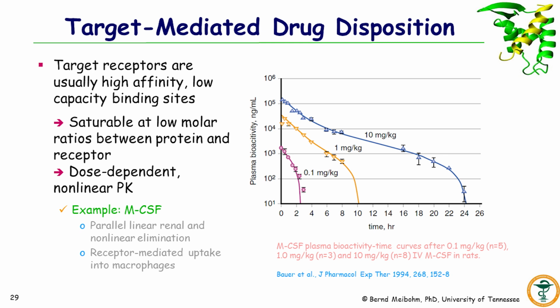Once you get to concentrations that are low enough to get out of that concentration range, now the secondary parallel receptor-mediated elimination process kicks in, and you have the rapid decline in the concentrations. So this is a typical behavior that many therapeutic proteins exhibit.